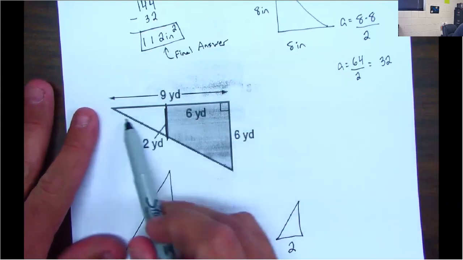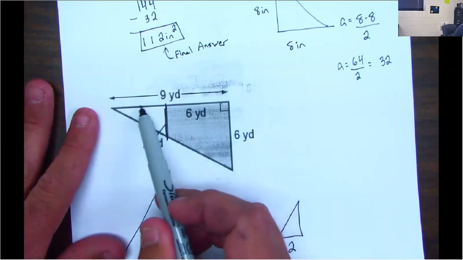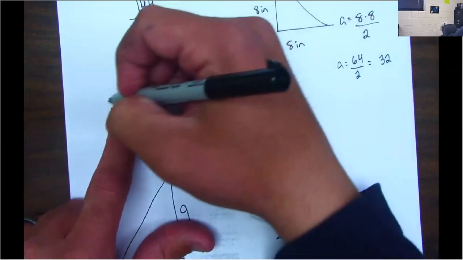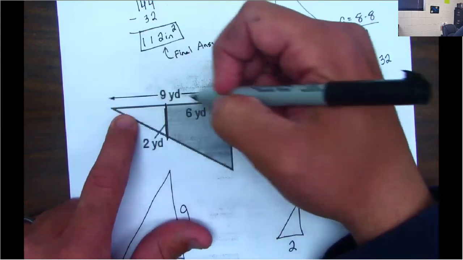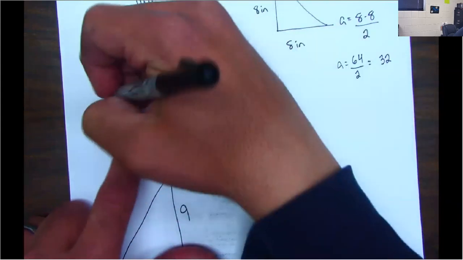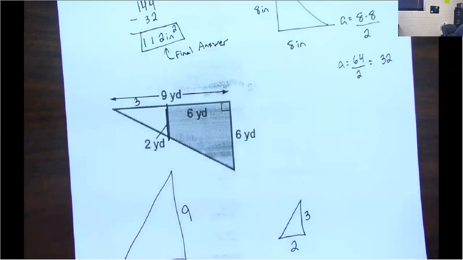Now, think about the height. This entire thing is 9. I just need this piece. So think about it. If this entire piece is 9 and I use 6 of it, how much is left? 3. So the height is 3.